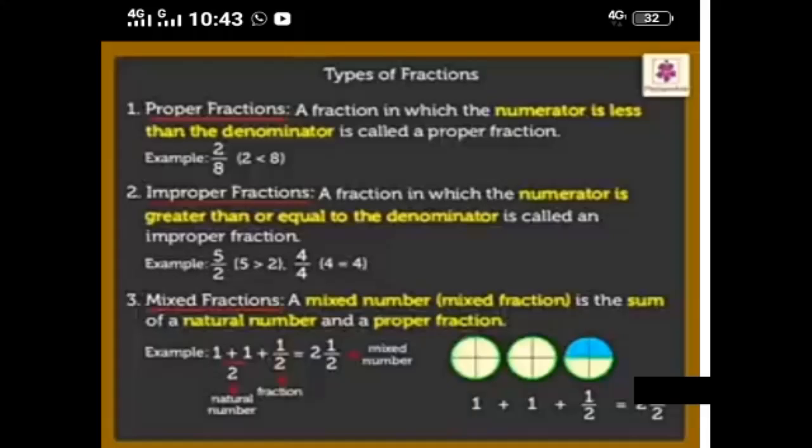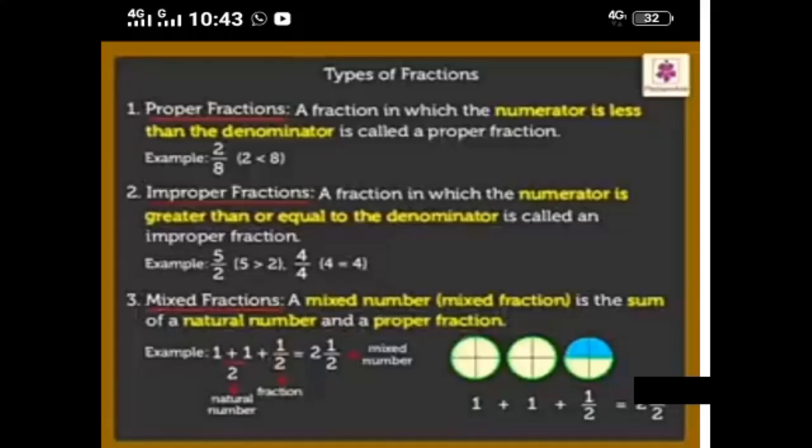For example, 3 circles are given. The last circle is half shaded. How many parts are shaded? 2 parts out of a total of 4 parts. What is the total of the unshaded portion?